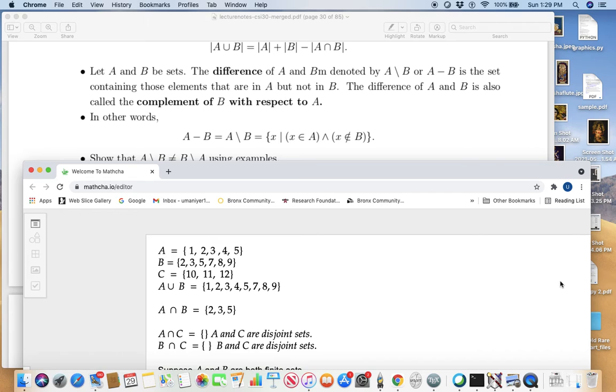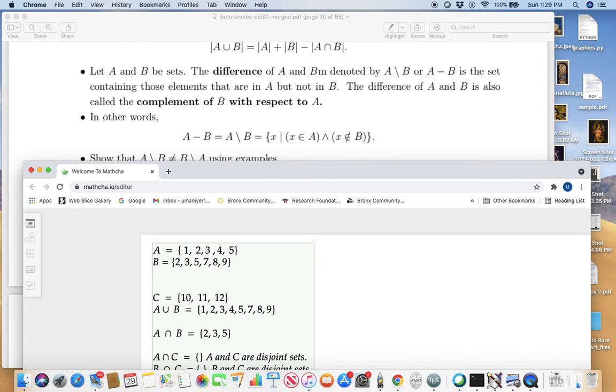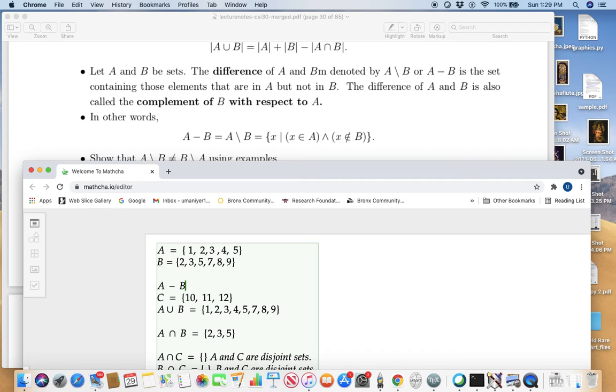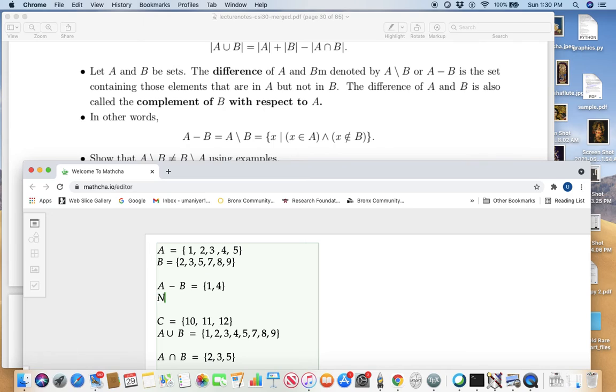So for instance, here is A and B. What is A minus B? From A, take away things which are also in B. So 1 is okay, but you have to take away 2, 3 and 5. Likewise, what is B minus A?